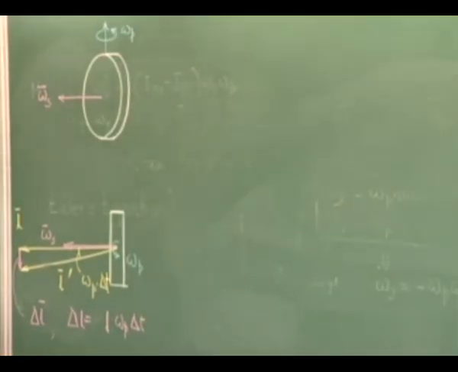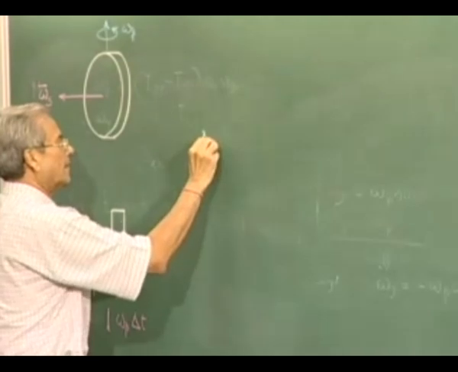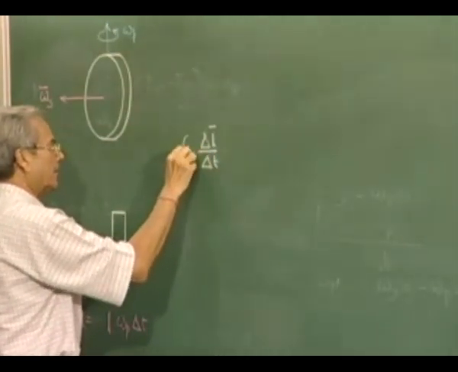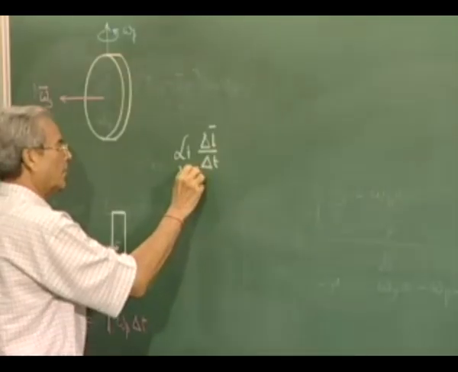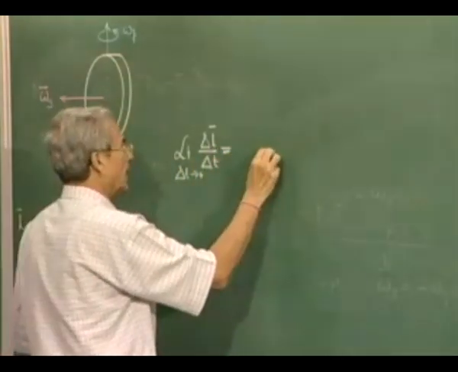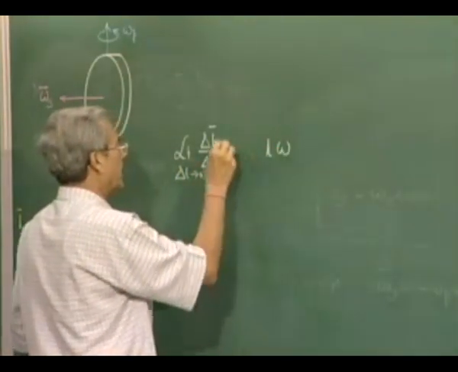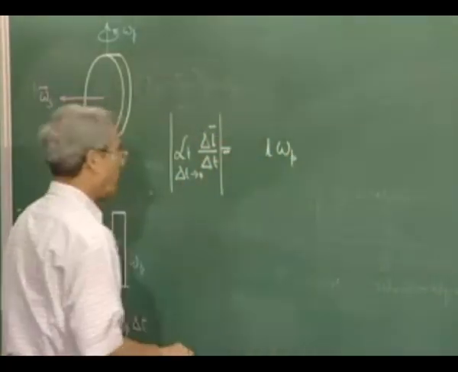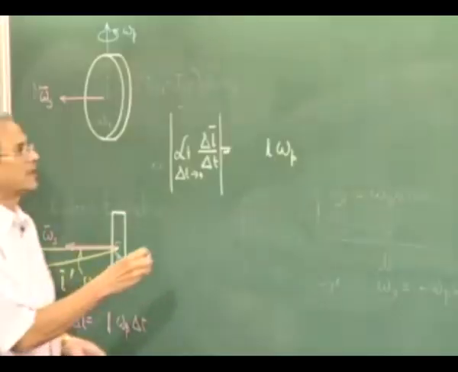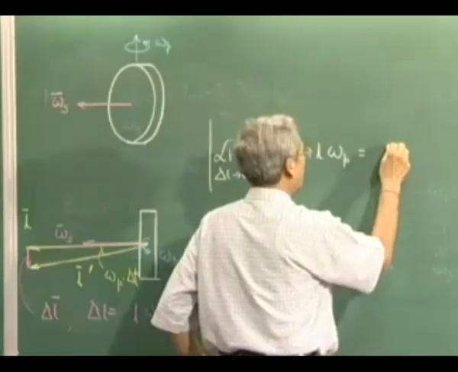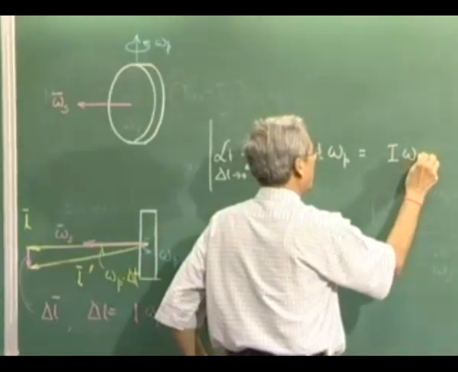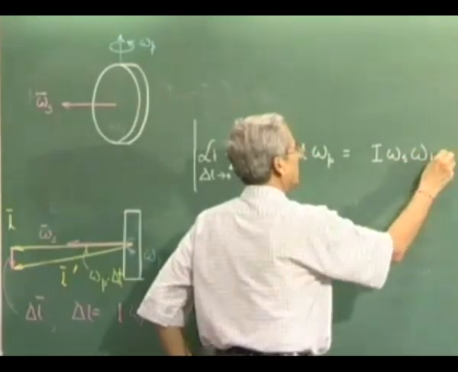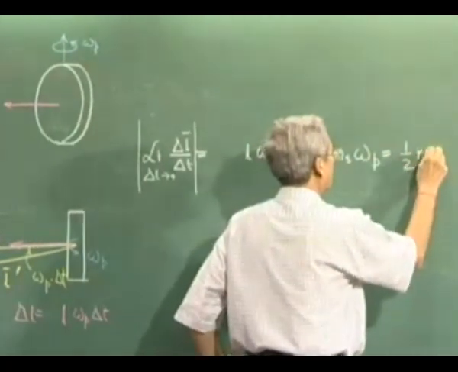So the quantity delta L by delta t, tending to 0, becomes L into omega p, and L is nothing but the moment of inertia of the disk into omega s, the angular momentum, and that is equal to half mr square.